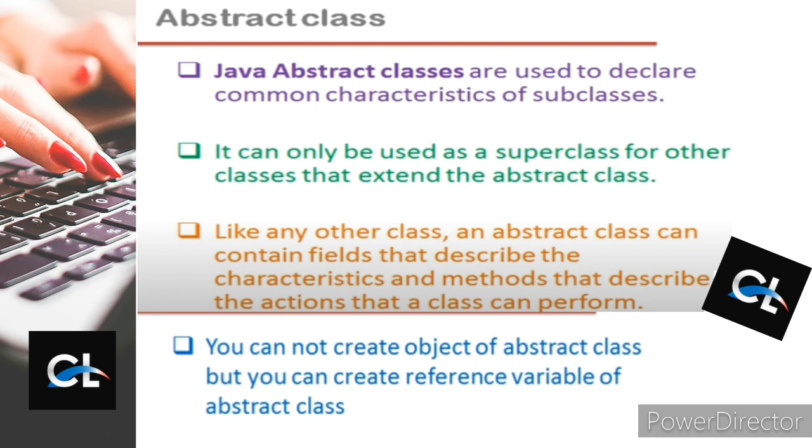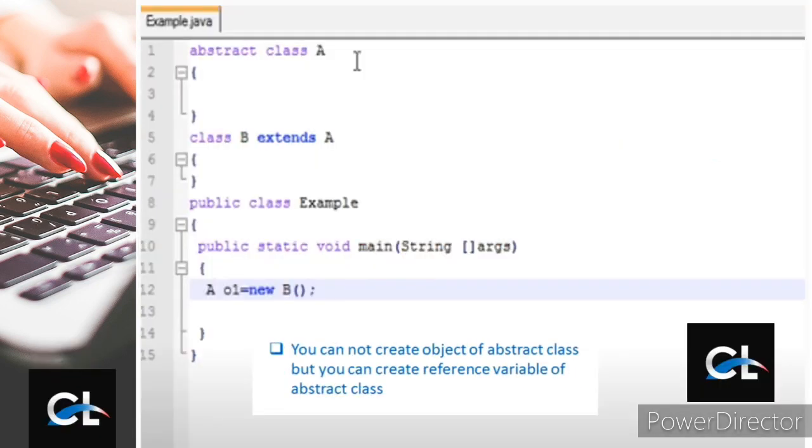Let's have a look at this. Class A is considered as abstract class, or it is also considered as superclass. Class B is considered as a subclass.